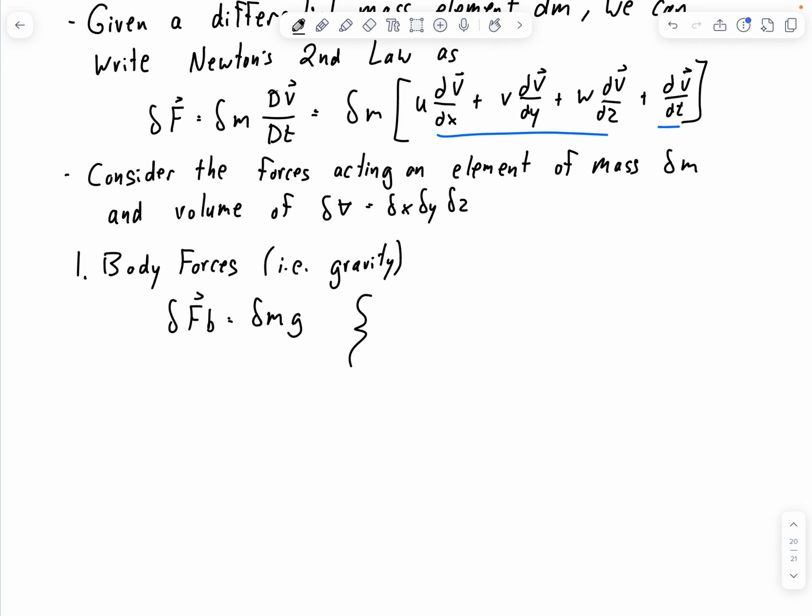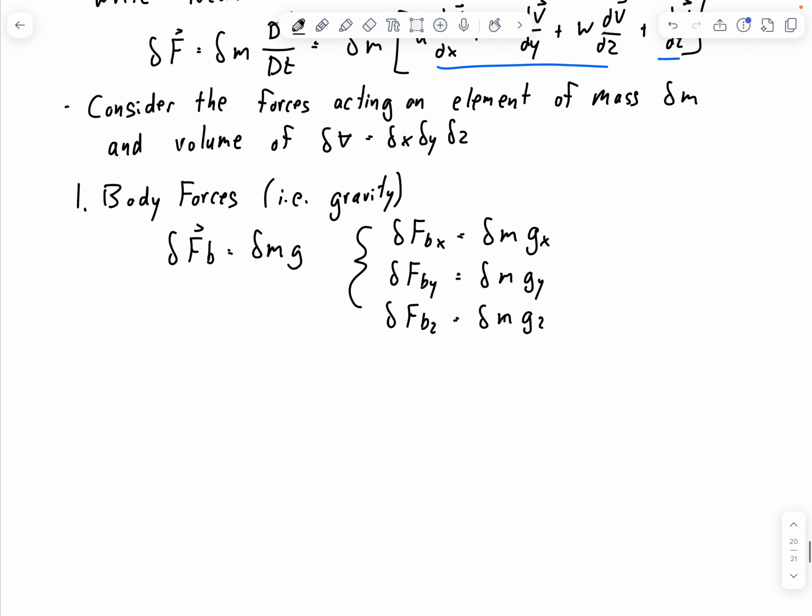We can rewrite that in component form as delta F B x, which is equal to delta M, the mass of that element, times gravity in the x direction. Similarly for the y component, delta M times gy, and similarly for the z component, delta M times gz. So those are the body forces.